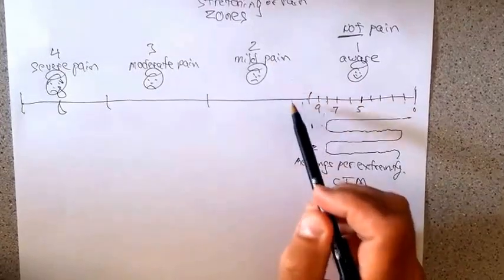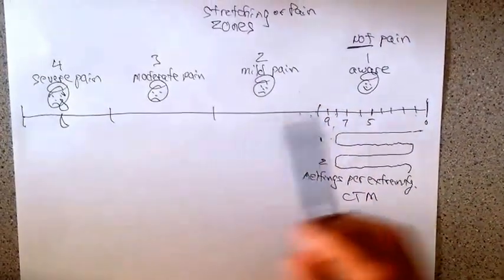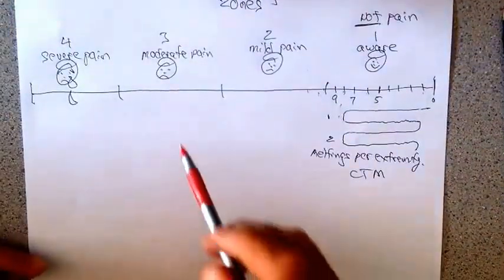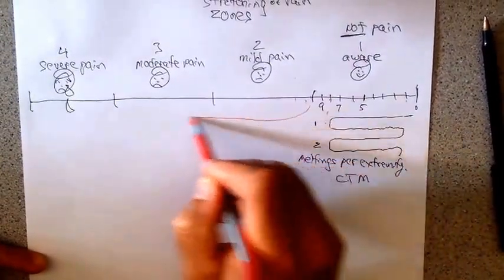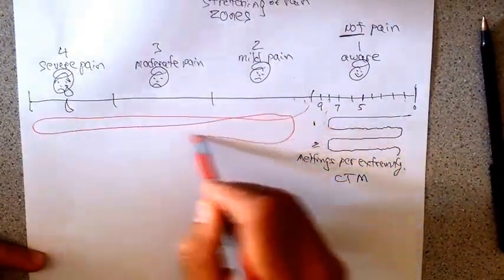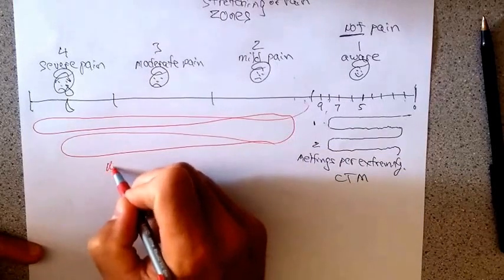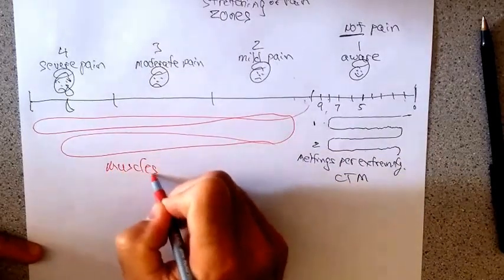Once we start to engage any kind of painful area, once we start to get into this pain zone and through here, then it causes the muscles to tighten.